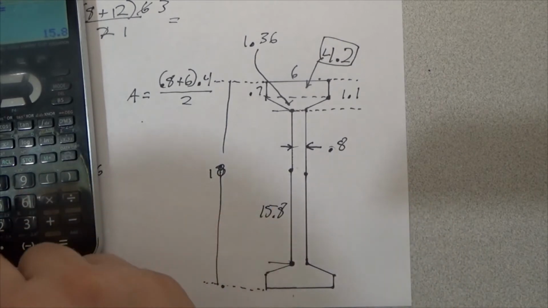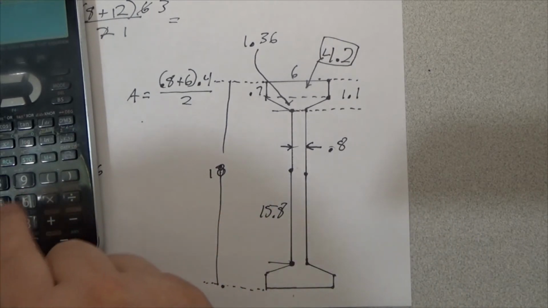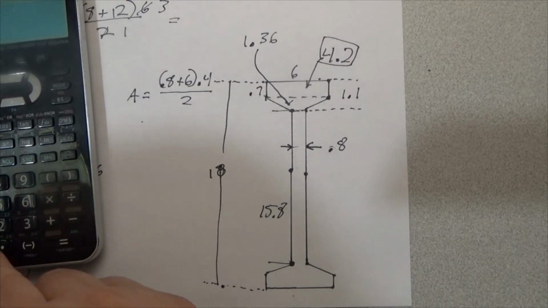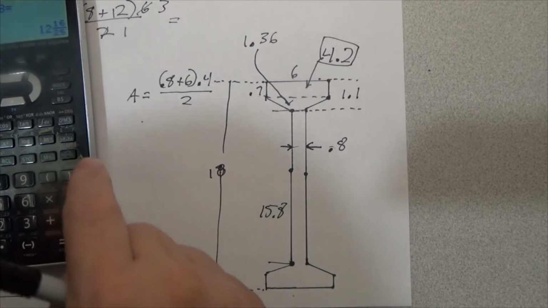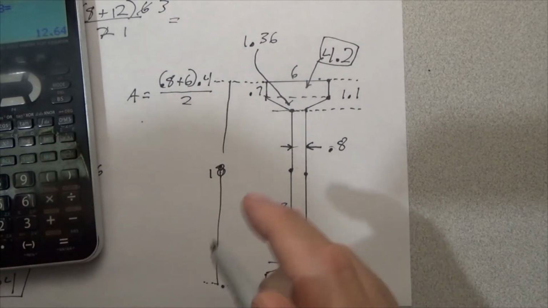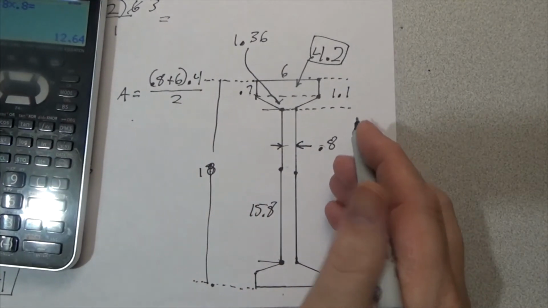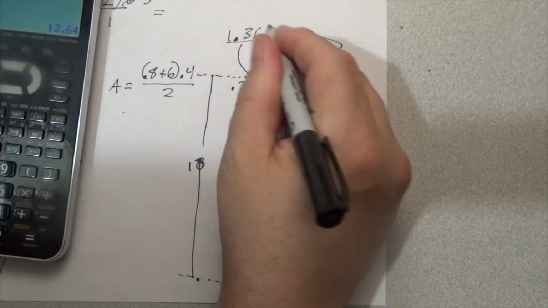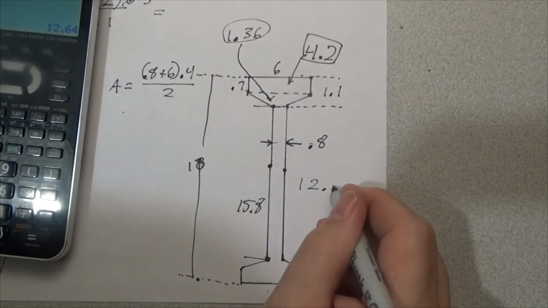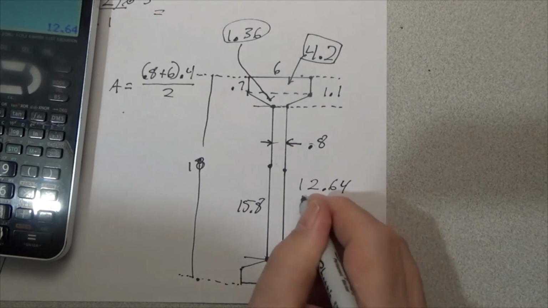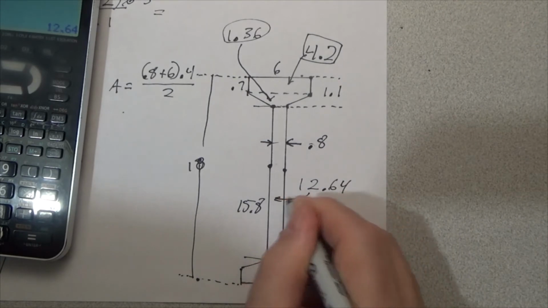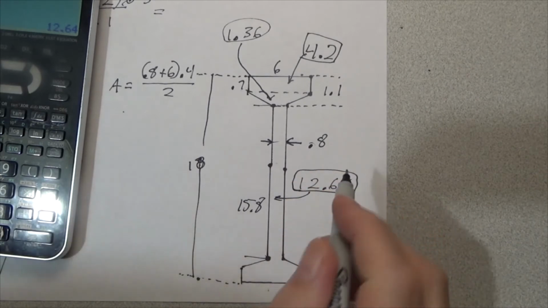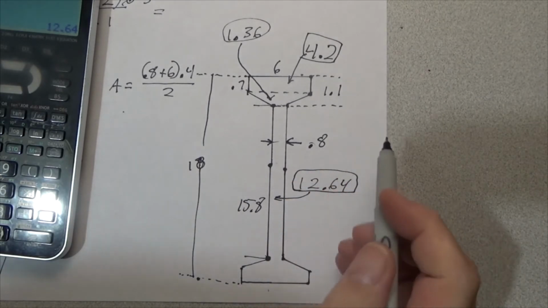So 15.8 times 0.8 is 12.64. I forgot to circle that. 12.64 is the area right there. I'll circle it because these are my main numbers that I need to add at the end.